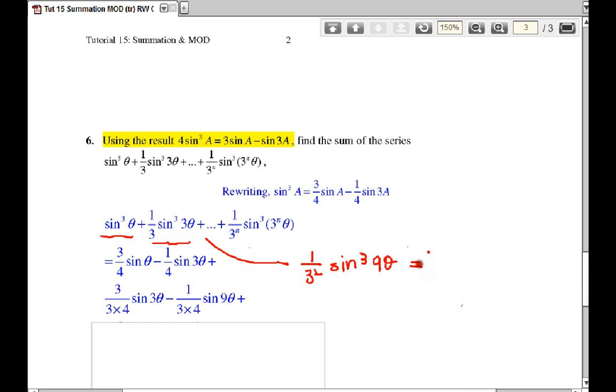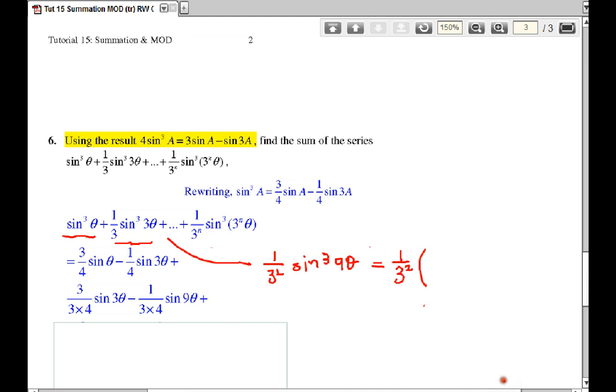Which is actually equals to 1 over 3 square 3 over 4 sine 9 theta minus 1/4 sine 27 theta.